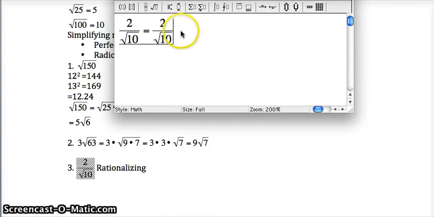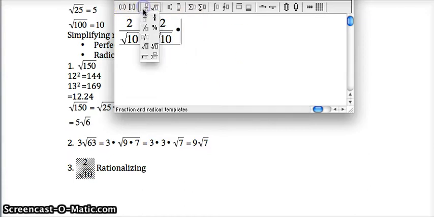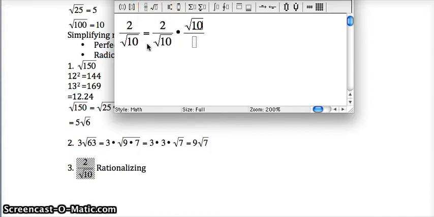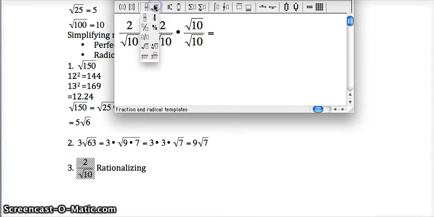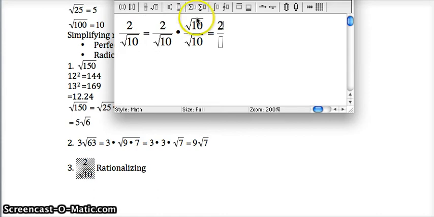So when you rationalize the denominator, you start with what you've got, which is just 2 over root 10, but then you multiply that by root 10 over root 10. And so you're left with, in the numerator, it's okay to have a radical in the numerator. So in the numerator you have 2 root 10.